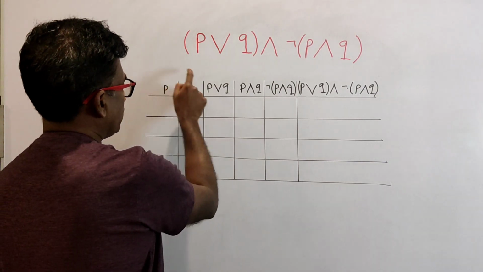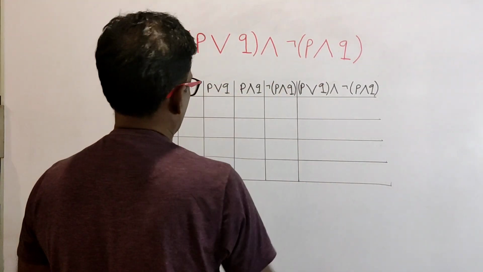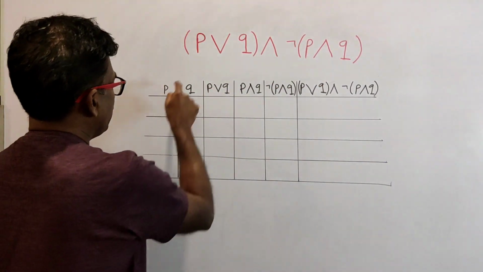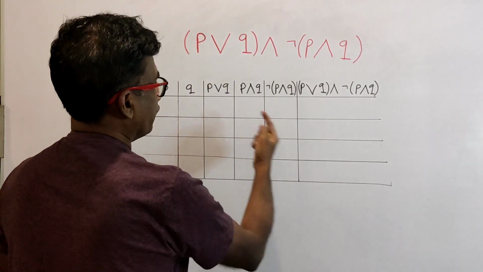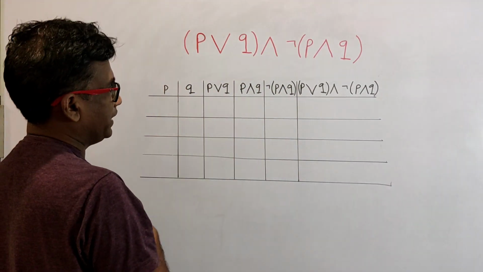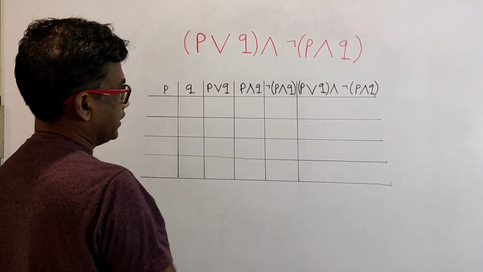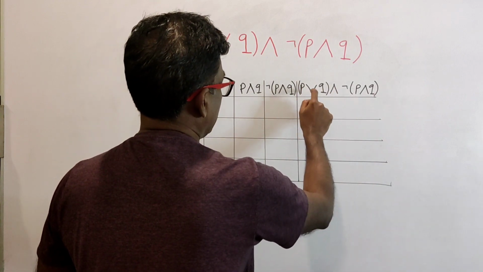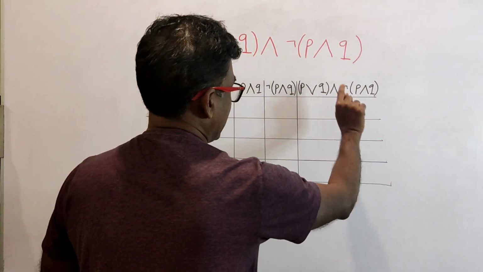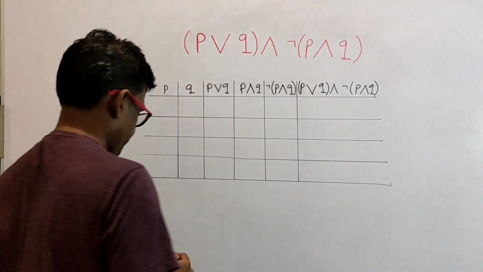It has 6 columns: 1 for P, 1 for Q, 1 for P or Q, 1 for P and Q, 1 for the negation of P and Q, and the last one is for the conjunction of P or Q and the negation of P and Q.